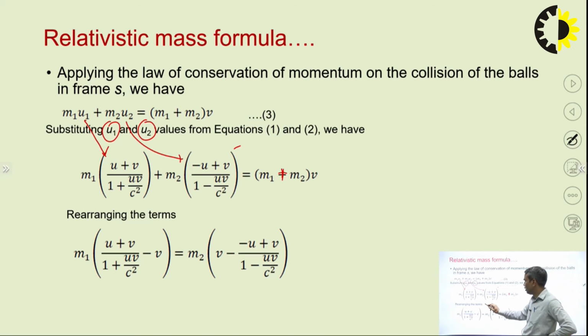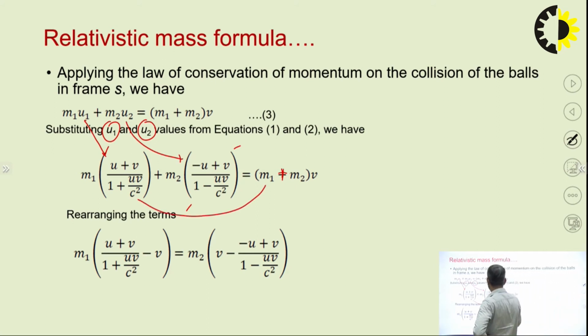Now, by rearranging these terms, take m1 on one side and m2 on the other side. So, we get m1 into u plus v divided by 1 plus uv by c square minus v is equal to m2 into v minus u plus v over 1 minus uv by c square.